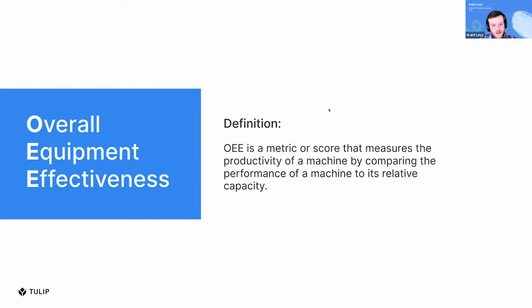So we're going to go through a couple different formulas here for how we can score or view OEE. One thing I want to make clear from this entire presentation is I don't want to be overly prescriptive as to how OEE gets calculated at an individual facility.